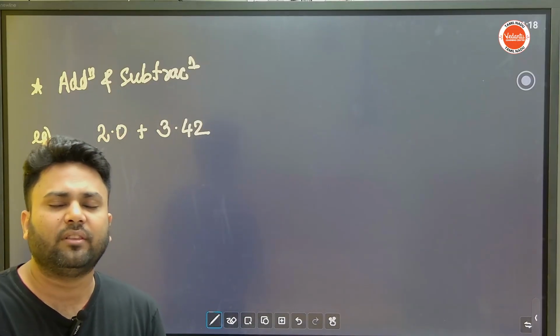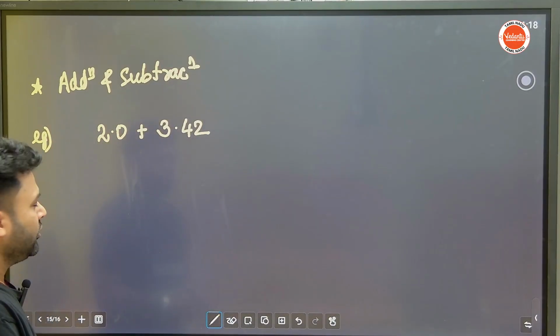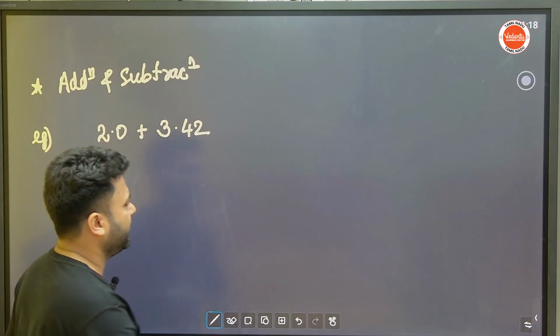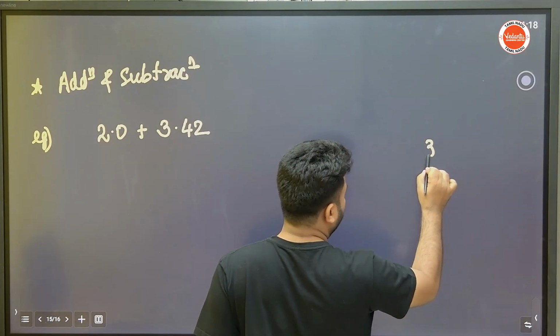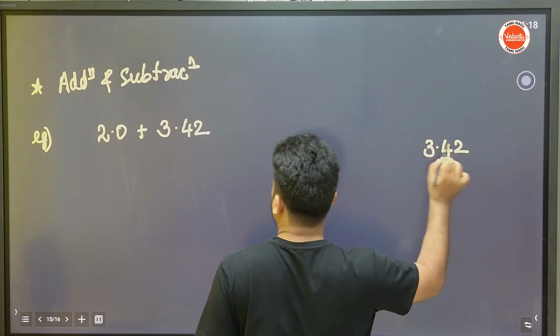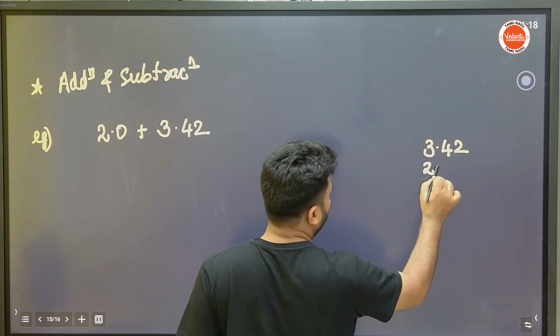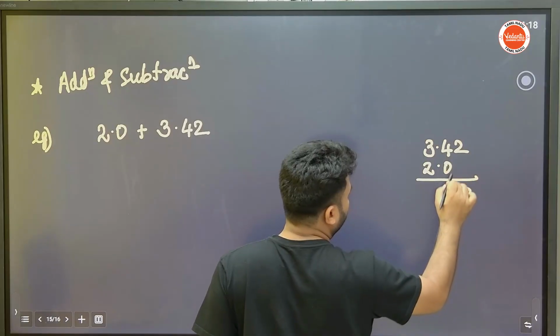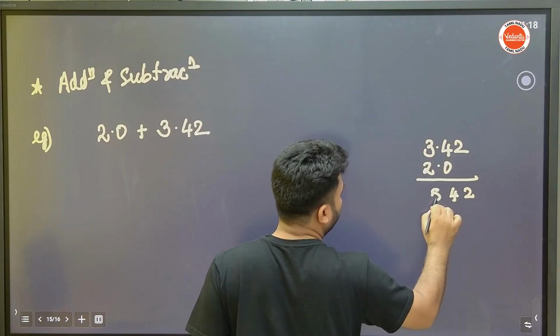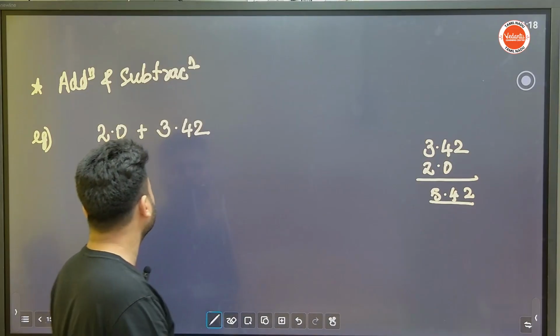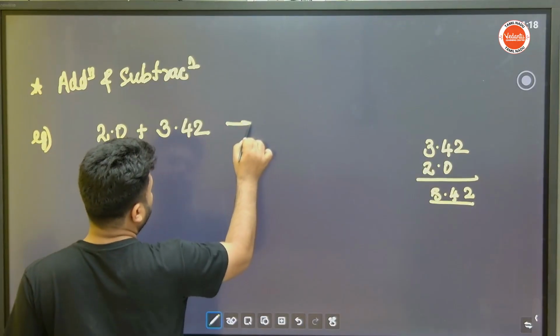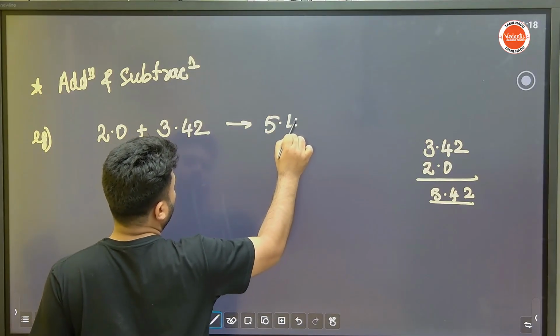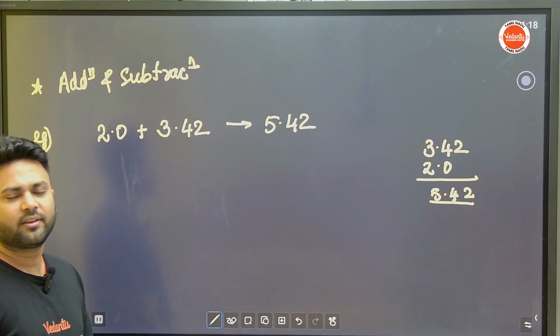And they are asking what will be the final result. So first you do normal calculation. Normal calculation means 3.42 plus 2.0. So this will be 2, this will be 4, 3 to 5, 5.42. This is the first step.